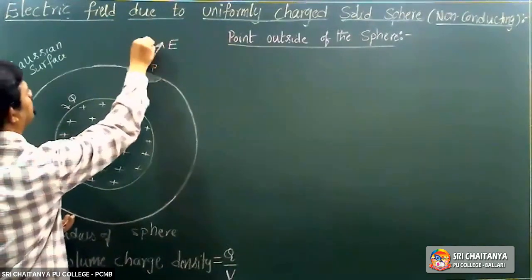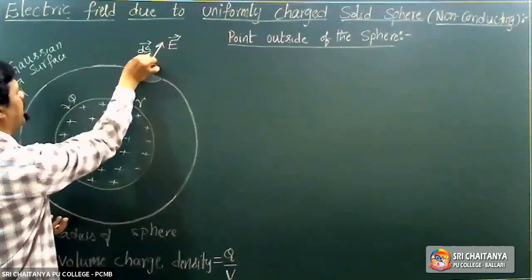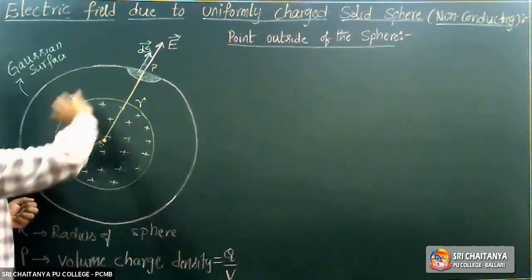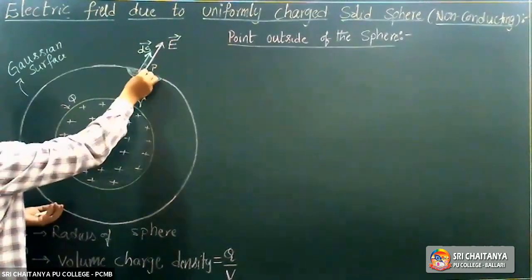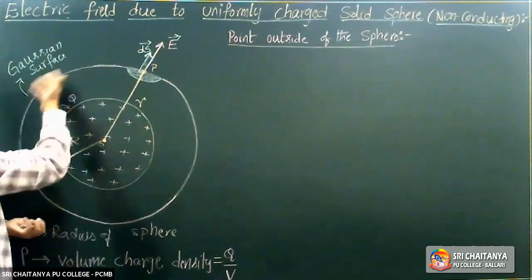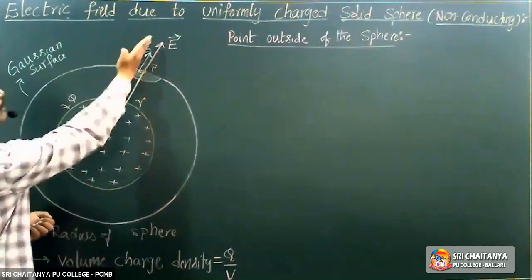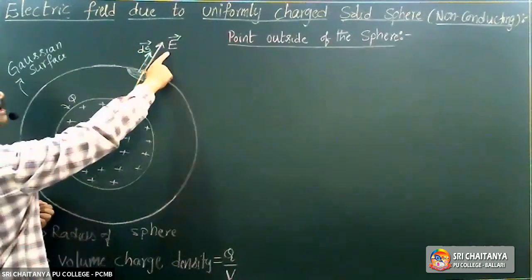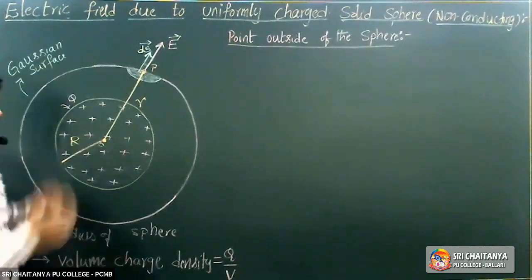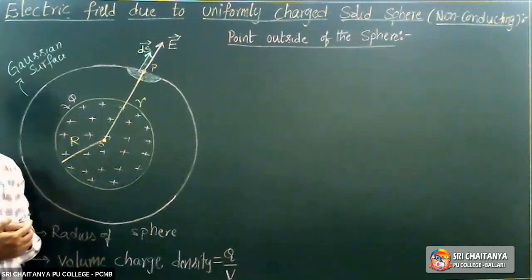This is the area vector, this is the E vector. They are parallel, right? So the construction part is over. Take a point, draw a Gaussian surface passing through it, divide it into small elements, draw the area vector, and then see the angle between field vector and area vector. These are the construction points to follow when applying Gauss law.